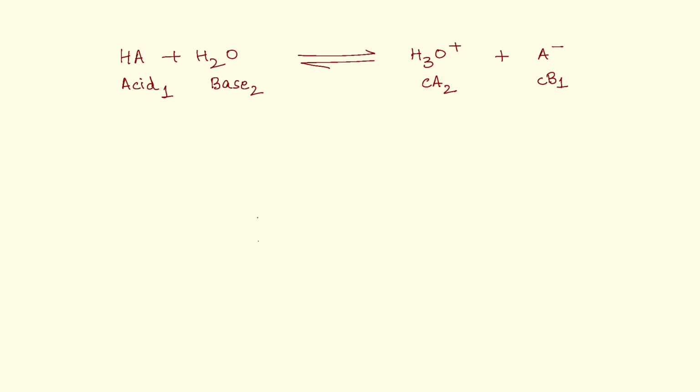So, we have something which is A1 plus B2 in equilibrium with A2 plus B1. Right? Now, let's forget about water for the time being. My acid is forming a conjugate base. If this conjugate base is stable, then the acid will be happy to lose a proton and form the conjugate base. What will stabilize this conjugate base?